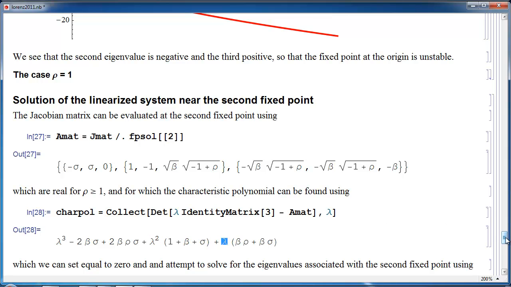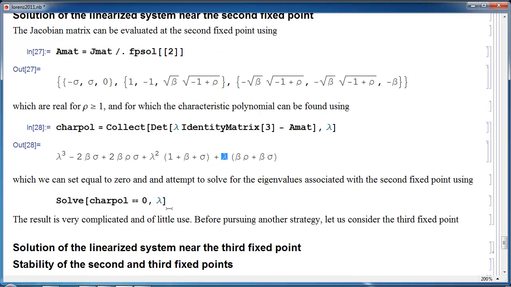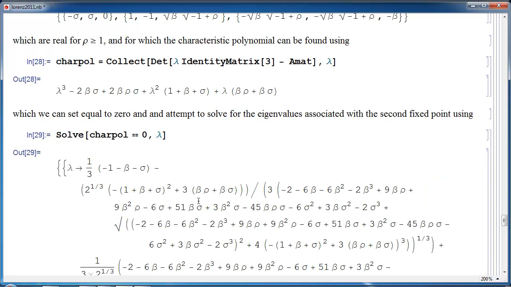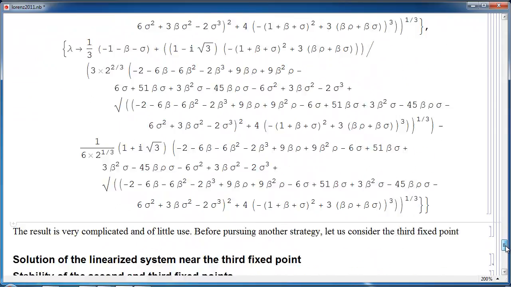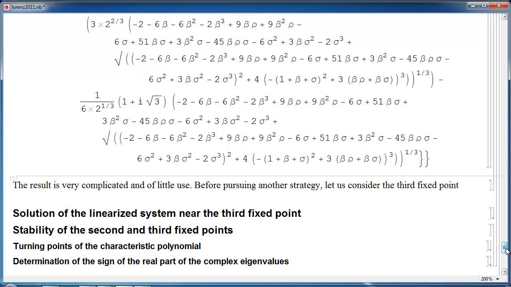So what we could try to do is to solve it. So we set the characteristic polynomial equal to 0 and solve it. And what we get is a mess. This formula, which involves complex numbers and goodness knows what, is very complicated and therefore of very little use. Anyway, before we pursue another strategy, let's look at the third fixed point.